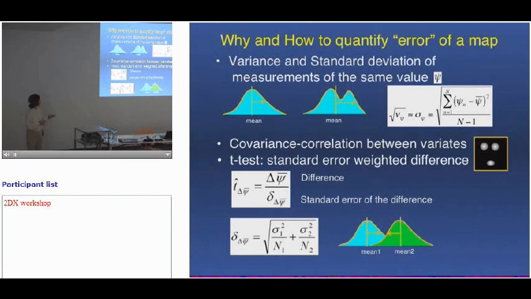The standard error for the mean is calculated from the standard deviation of each of the populations, each of the measurements that you are calculating. That standard error value gives you a weighting in such a way that if both of those numbers are not very certain, then your t-map will come out to be a smaller number.